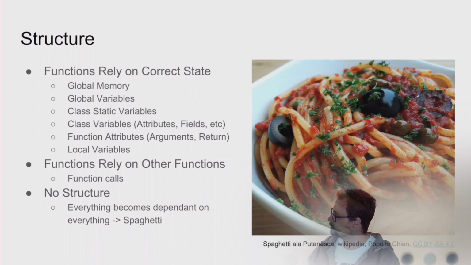So as languages have progressed, we have different ways of increasing the encapsulation of the memory the functions work with, the functionality of our program work with. We have, for example, static variables in classes or modules. We have class variables, object variables, attributes, fields, properties in JavaScript, right?